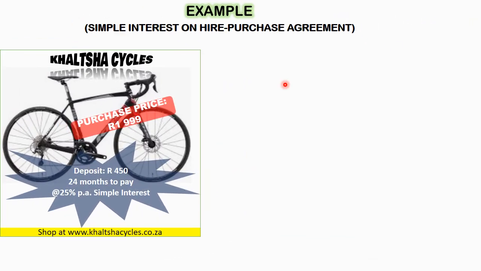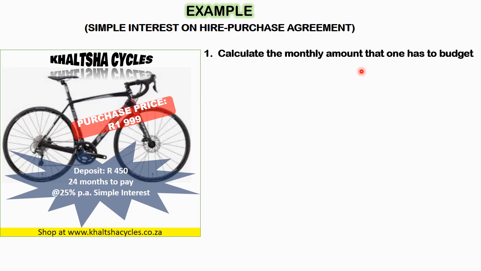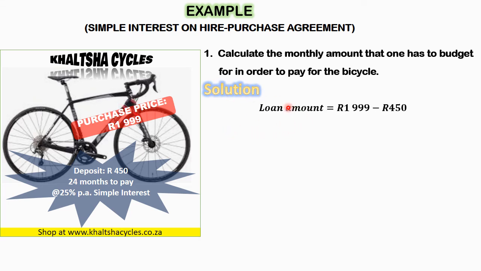Right. Still looking at the same example. We are expected to calculate the monthly amount that one has to budget for in order to pay for the bicycle. So in your solution, you'll say, all right, the amount that I am actually loaning, the loan amount, is the amount that I'm owing without interest. It cannot be 1,999 because I'm going to pay a deposit.